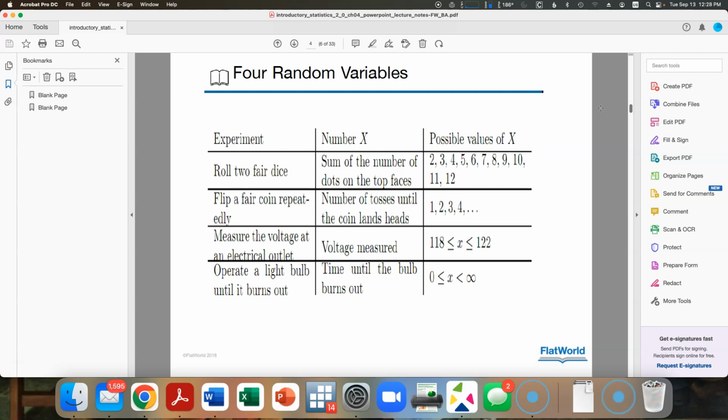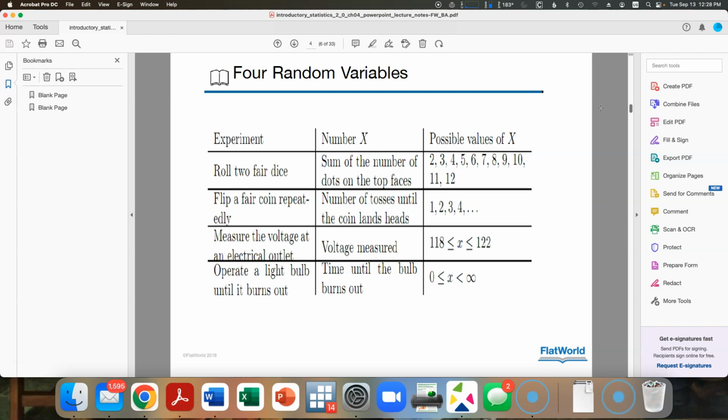So in this case, you get 2 1s, that would be 2. You get a 2 and a 1, that'd be a 3, and so on and so forth. So those are discrete outcomes because we know all the possible values. But yet it's random, because we're rolling 2 dice, and we really don't know what options are going to show up until they just show up.